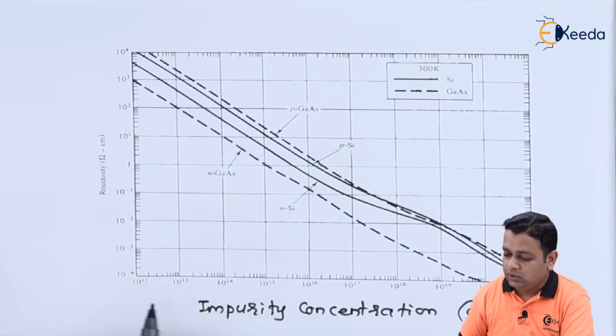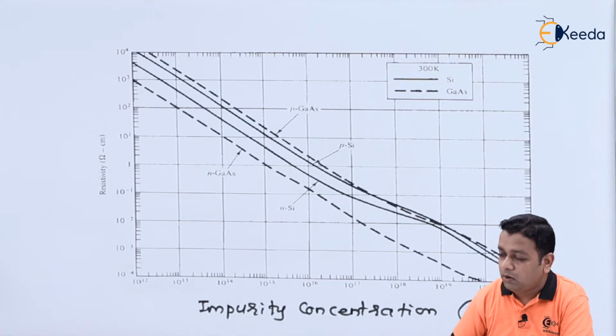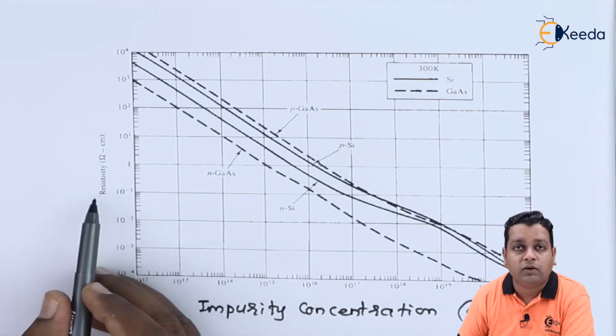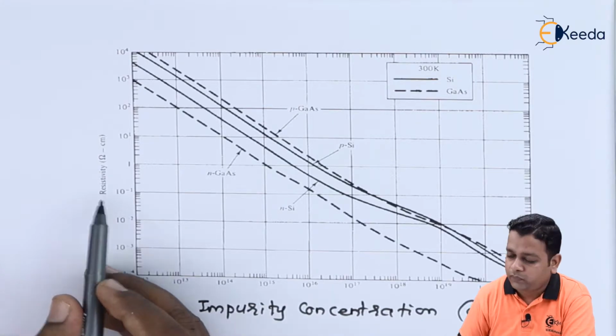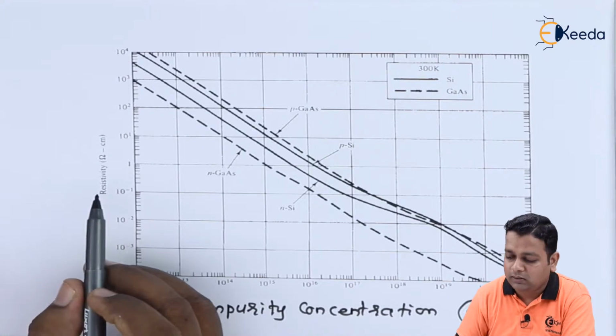We have the markings right from 10 raised to power 12 to 10 raised to power 21. So these many charge carriers may be present. This is with respect to the resistivity value of the semiconductor material, which is different for the base, emitter and the collector region.